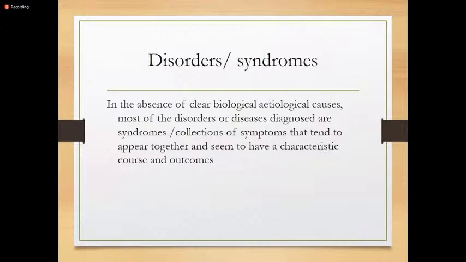So the emphasis again here is that in the absence of clear biological etiological causes, most of the disorders or diseases diagnosed, we prefer to call them disorders, are syndromes. It's a collection of symptoms that tend to appear together and seem to have a characteristic cause and outcome.